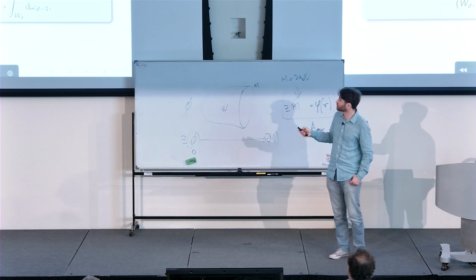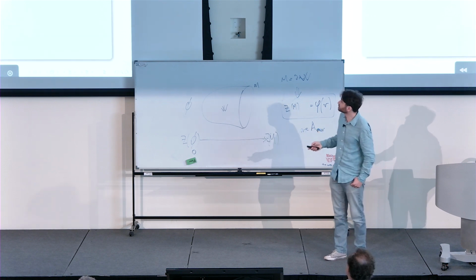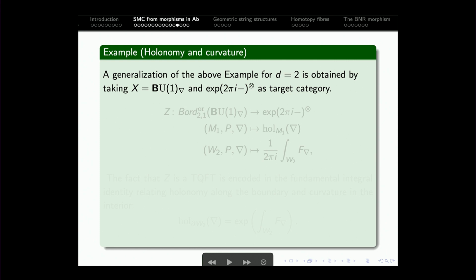So another example where I do not take the identity. Let me take principal U1 bundles with connections. And as morphisms, I take the exponential from R to U1.